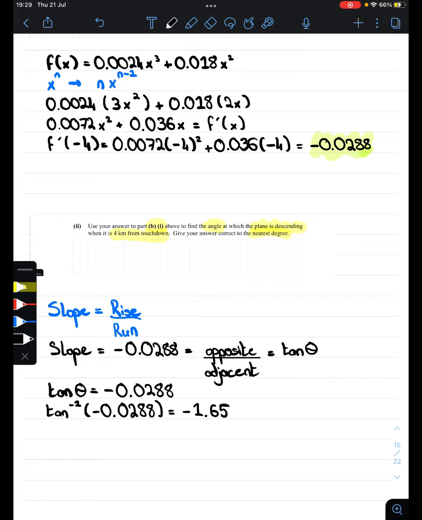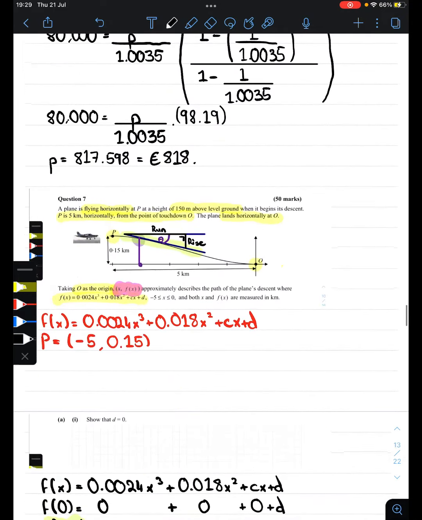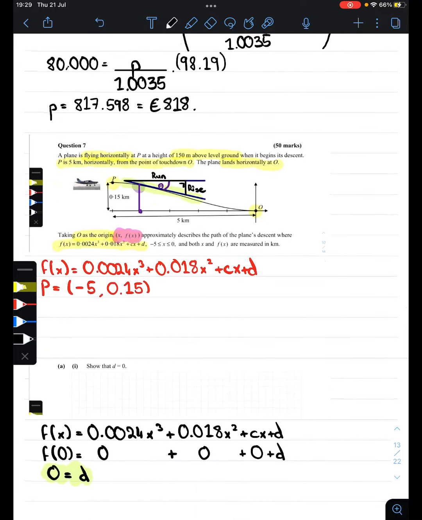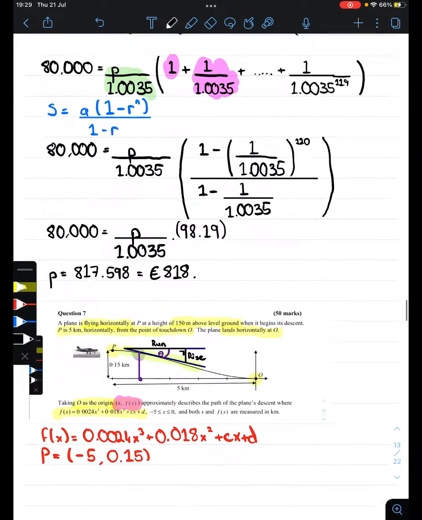Remember, this is the angle of descent, so minus 1.65 degrees is the angle we're looking for. That would be the angle of ascent, because it's always measuring the positive angles in this quadrant.